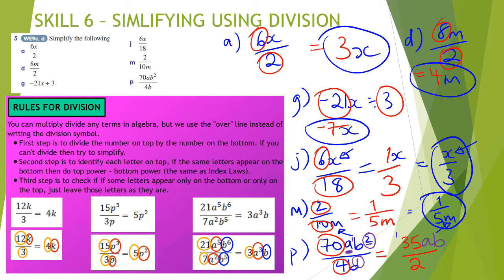So our final answer is 35ab over 2. The reason why the b to the power of 1 disappears from the bottom line is because we've subtracted it from the 2 up the top. So the 2's become a 1.